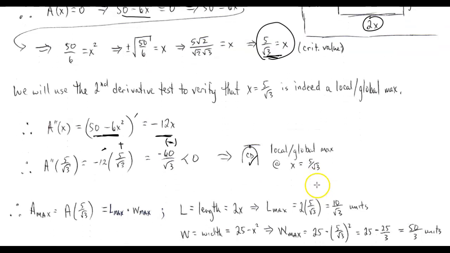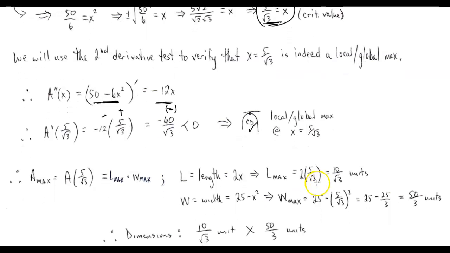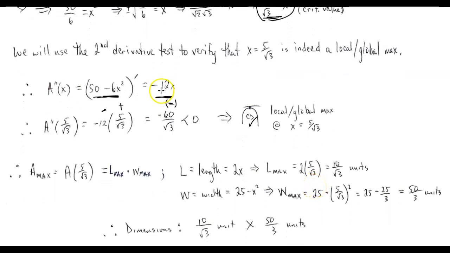So that means we have a global max there. And so what this means for us, since we needed to find out the dimensions, is we could use this 5 divided by square root of 3 to figure out what the length and width would be of our rectangle at maximum area. So of course our length was 2 times whatever x was.